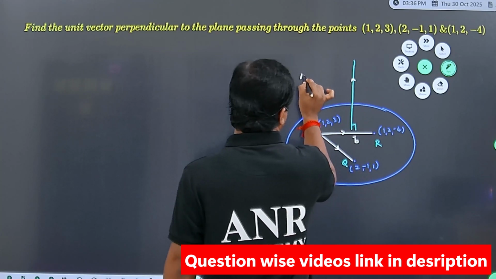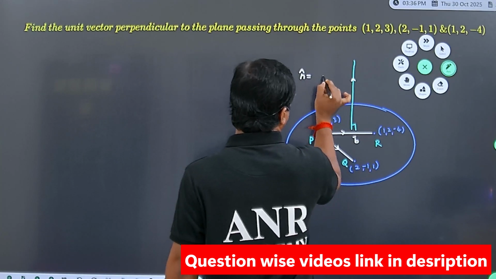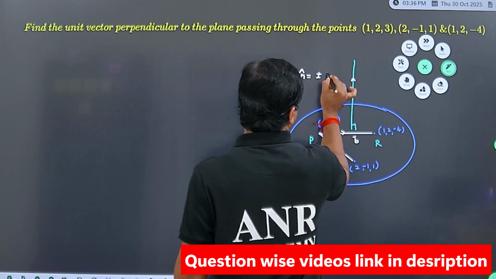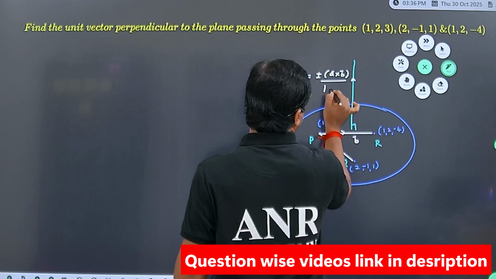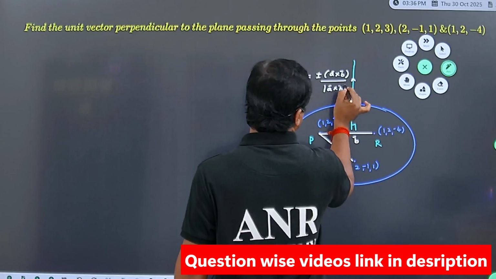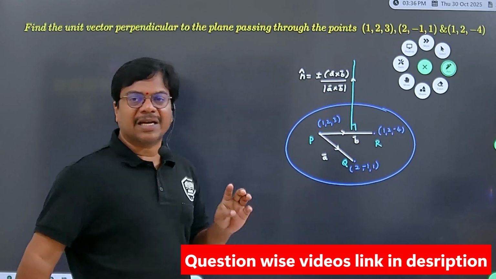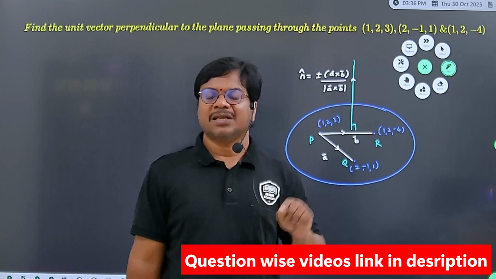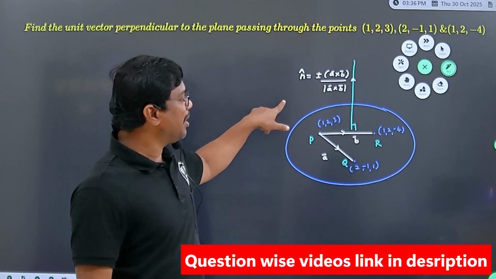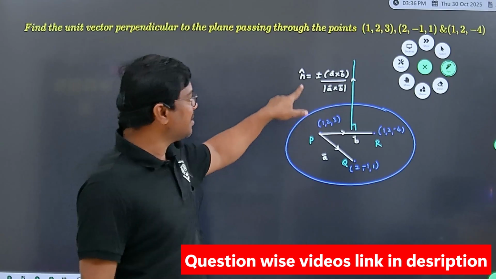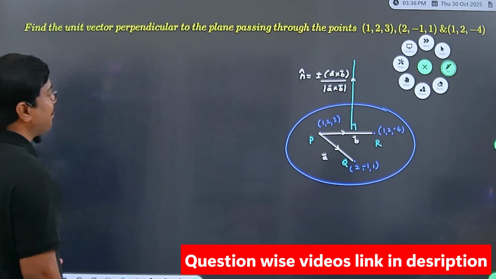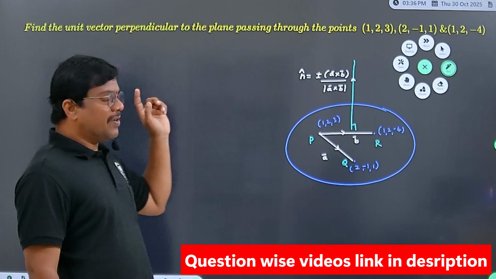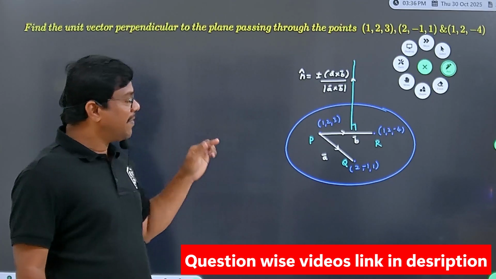That is unit normal n cap defined by plus or minus A cross B divided by modulus A cross B. If a plane containing two vectors, then the unit vector perpendicular to plane containing those two vectors is defined by plus or minus A cross B by mod A cross B. So first, by given 3 points, let us find two vectors.